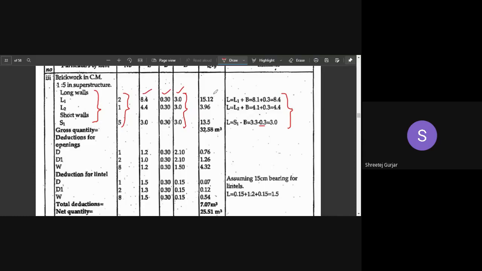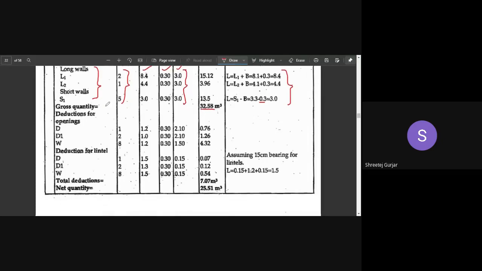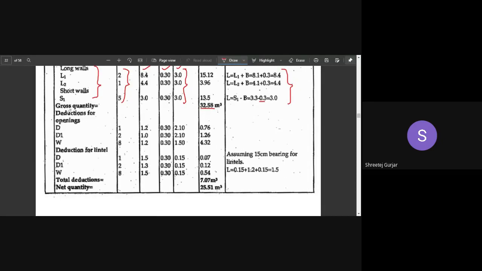Multiplying all of this, you get your gross quantity. We have got our gross quantity of brickwork. For deductions, the same method which we used in the centerline method, we will adopt here, and we will calculate the quantity of deduction. So it is 7.07. From 32.58, we deduct our openings, and this is what we get.